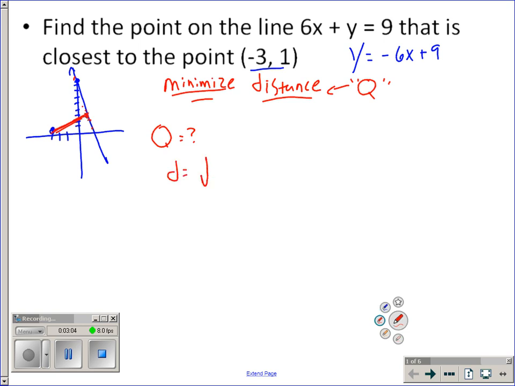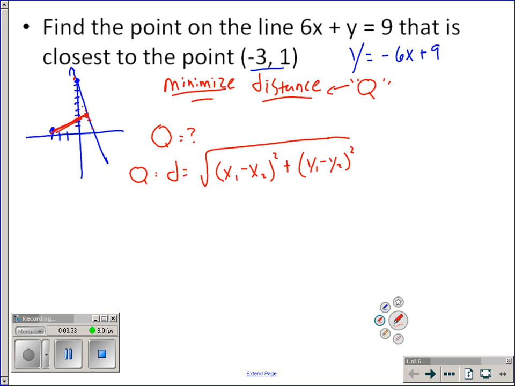Distance equals the square root of x1 minus x2 squared plus y1 minus y2 squared. So that right there is going to be my Q equation.